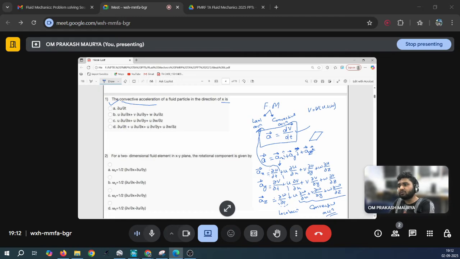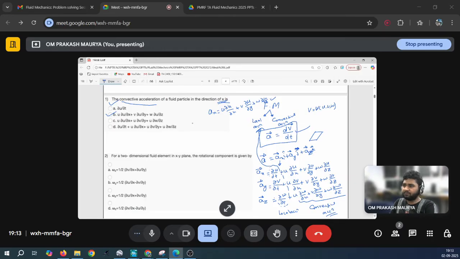Now the question is asking only about the x direction, so ax for convective acceleration only: u del u by del x plus v del u by del y plus w del u by del z. So this will be the correct answer: u del u by del x, v del u by del y, w del u by del z.